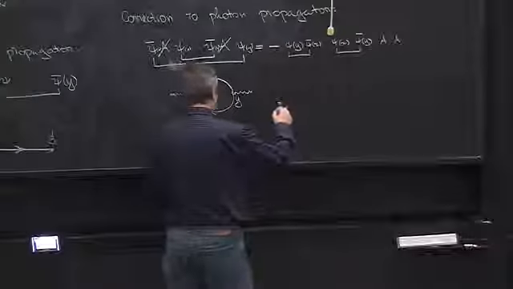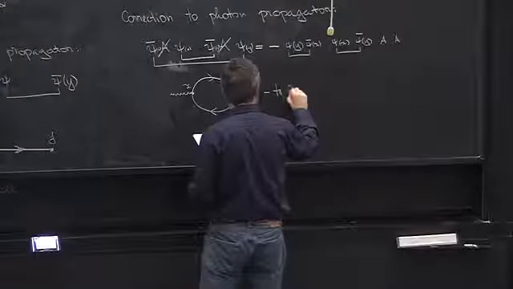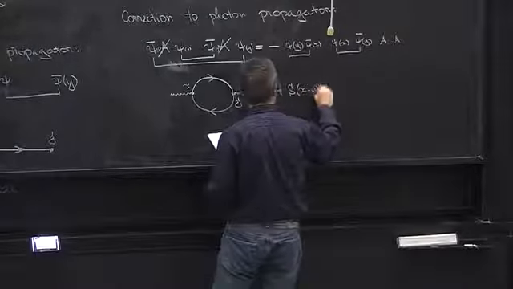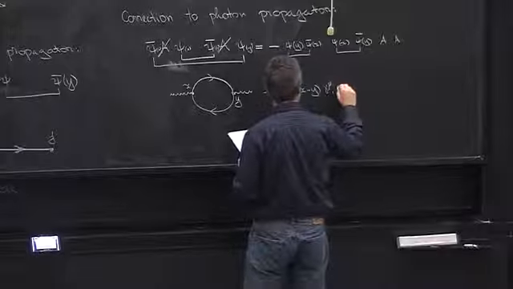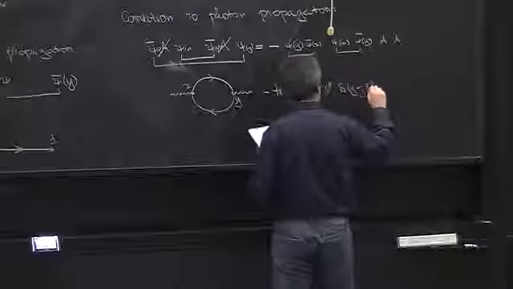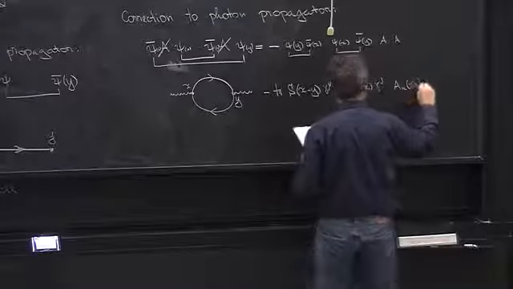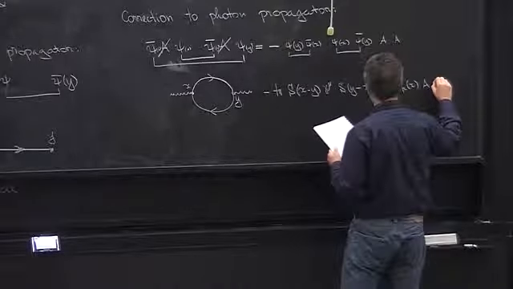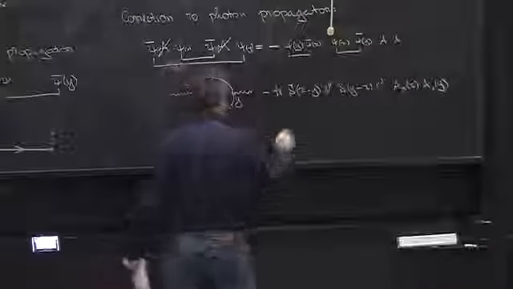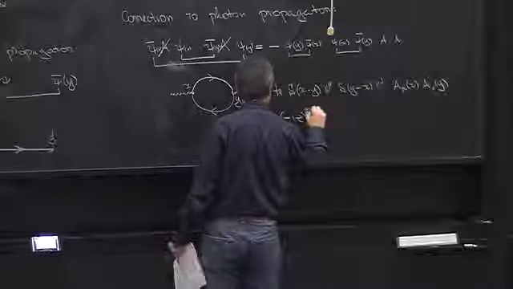So what we will get here is minus trace S(x−y) gamma mu S(y−x) gamma nu A_mu(x) A_nu(y), and we should also multiply by minus i e squared.